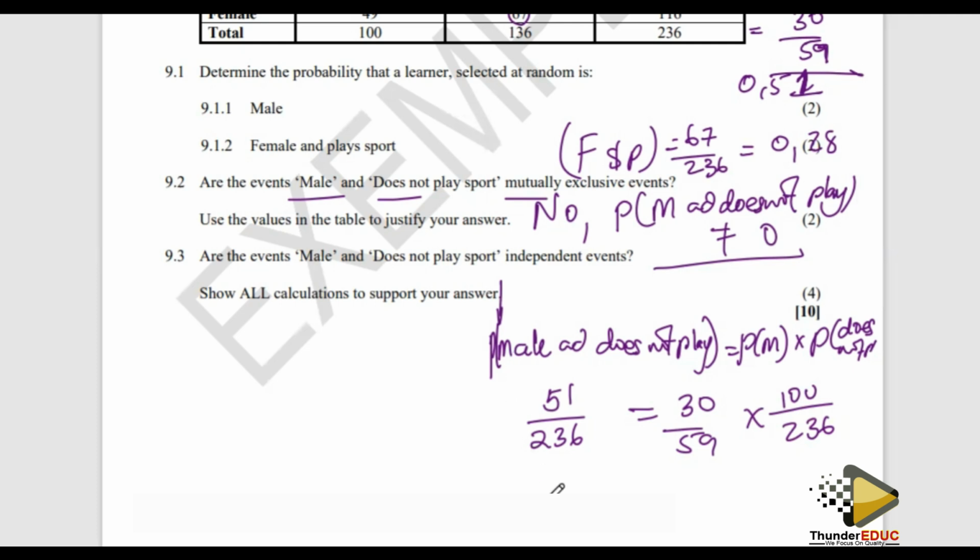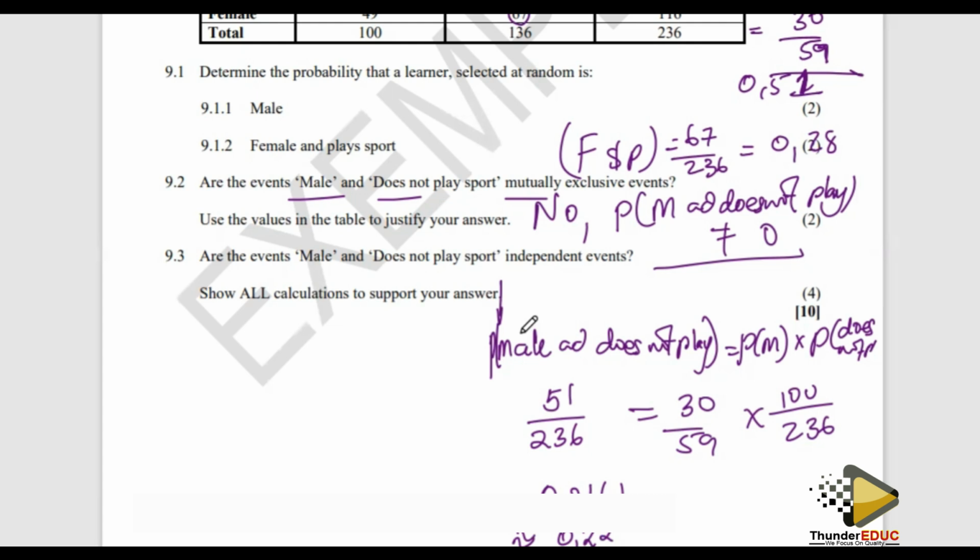That gives me 0.2161. In this case, we can round off to 2 decimals, which is 0.22.